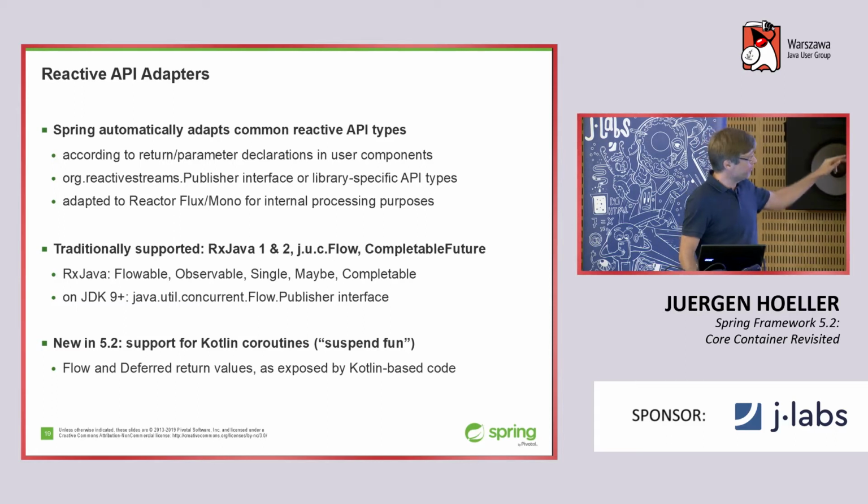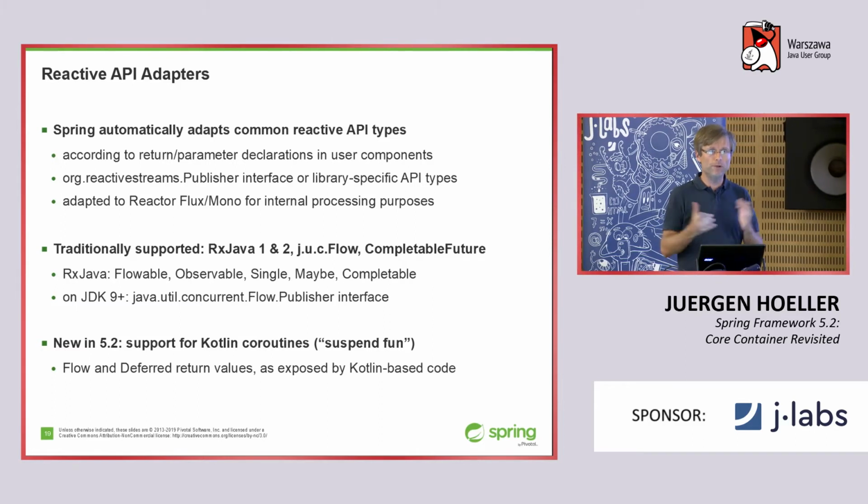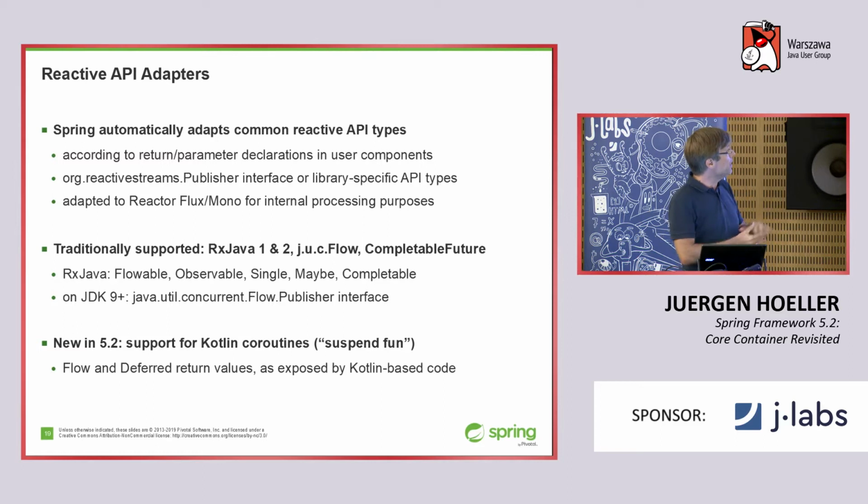And as of 5.2, you can also choose to use Kotlin coroutines, another topic that is worth an hour. So suspending functions, a brand new feature in Kotlin. We adapt it the same way we adapt RxJava, to our underlying facilities. Kotlin comes with a quite rich supporting SPI for coroutines, coroutine context, that we adapt to our Reactor context.